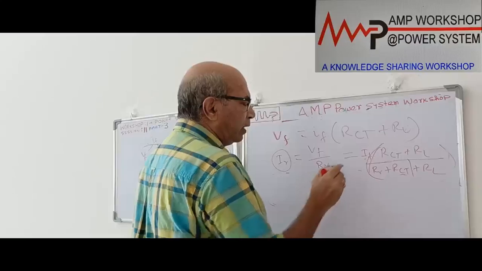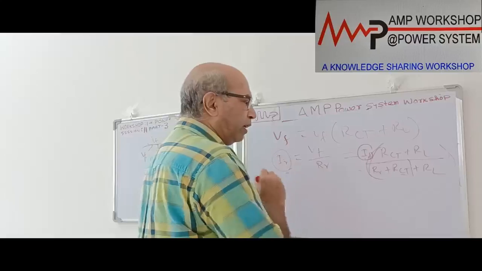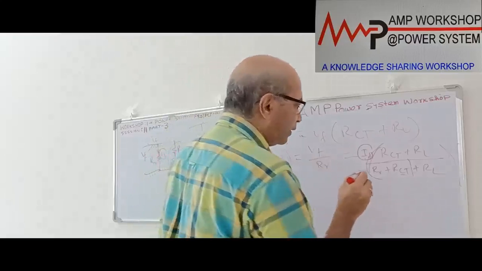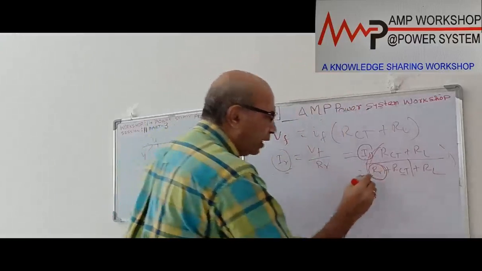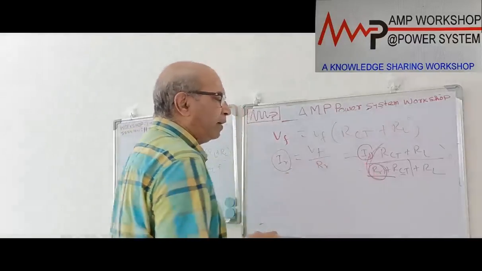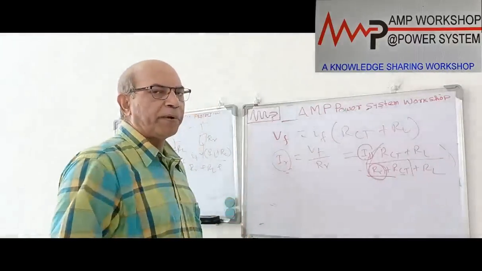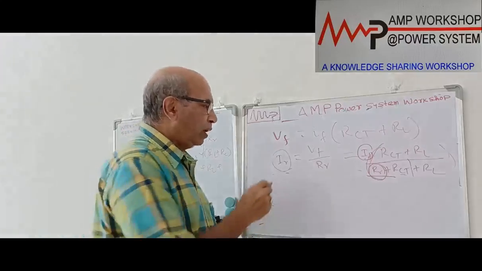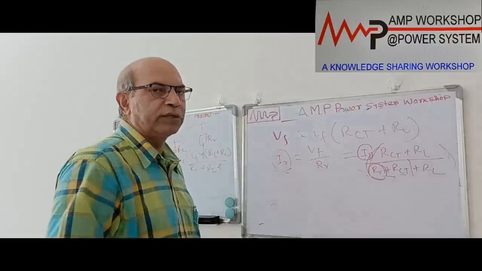Now here you see, as we increase the fault current, automatically the relay current will increase. We have seen that from the characteristics. Also, if you increase the relay resistance, the advantage is that the operating current will be reduced. So by increasing the relay resistance, we can reduce the operating current in the relay.